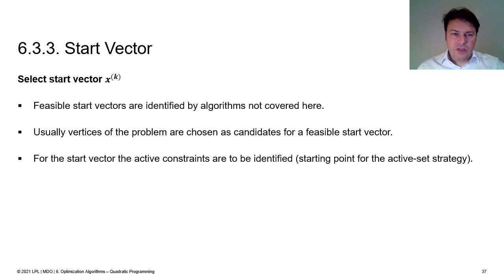This time you do need a feasible start vector, because the algorithm that we are talking about here requires a feasible design. And finding feasible start vectors can sometimes be complicated, and is done by algorithms that we do not cover here. Yeah, so typically vertices that are defined by intersections of your inequality constraint functions are good candidates.